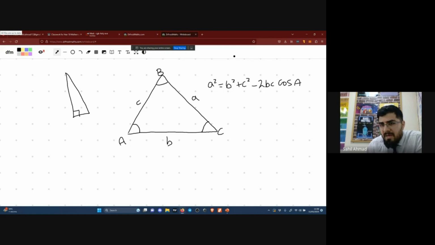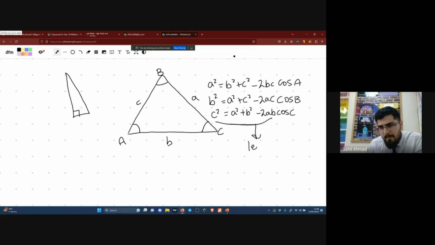The formula for side B will be B squared is equal to A squared plus C squared minus 2AC cos big B. And finally, I can only assume that you already know what's going to happen, but for length C, we have something very similar again, which is C squared is equal to A squared plus B squared minus 2AB cos C. So these are all for length.